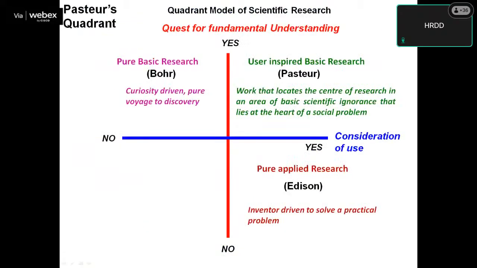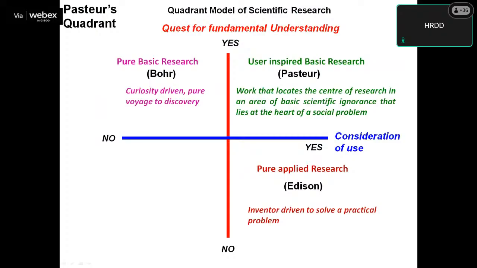And this is the quadrant model of Pasteur. Okay, so this was proposed. As you see, these are 4 quadrants. Along the y-axis, you see the quest for fundamental understanding. So you have 2 types of research, fundamental understanding as well as applied, something which can be applied.